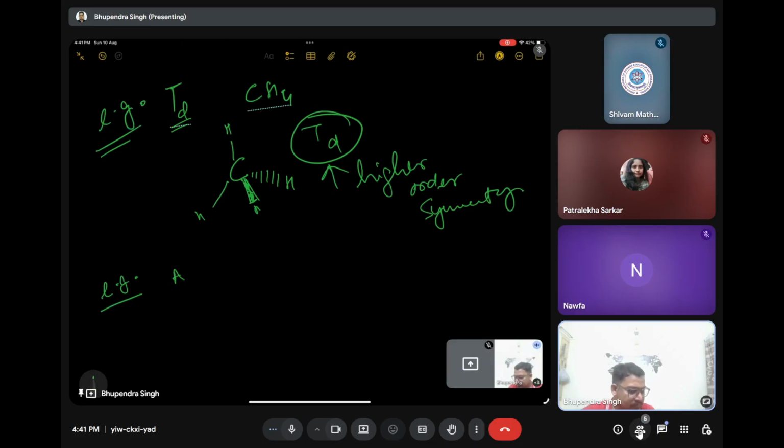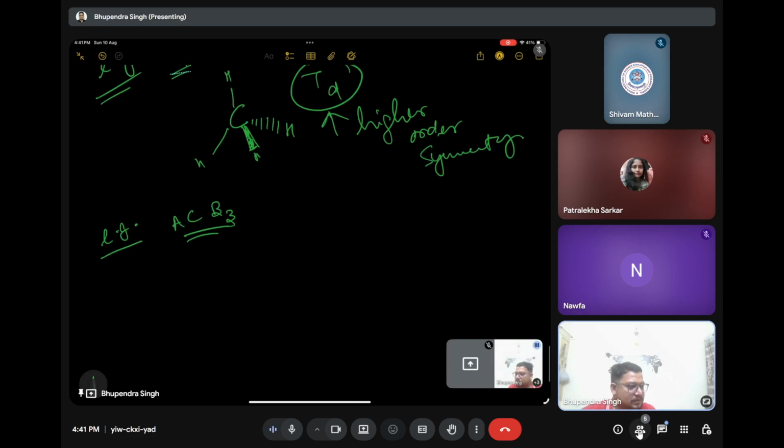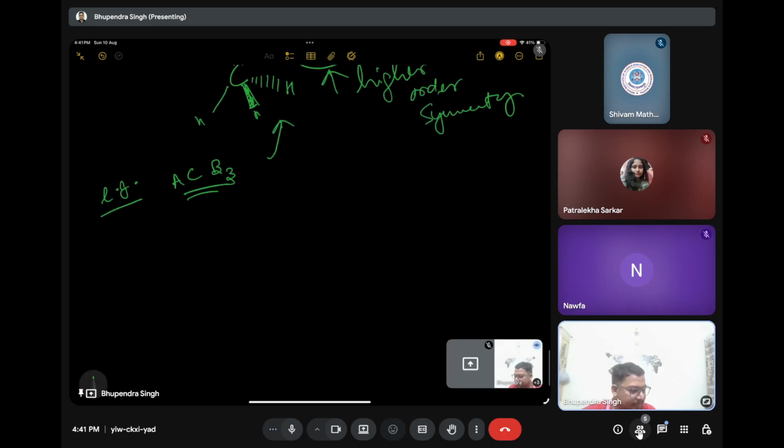CB3. Now I'm telling you, let's say it is in this tetrahedral form. So let's say I'm drawing the structure. This is your C, this is your B, this is your B, this is your B. Now tell me the point group of this molecule.